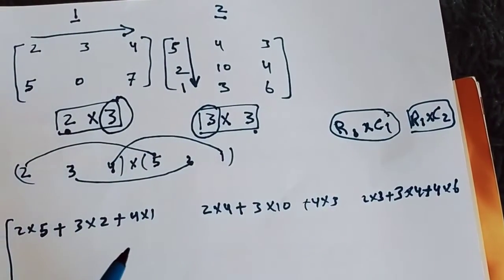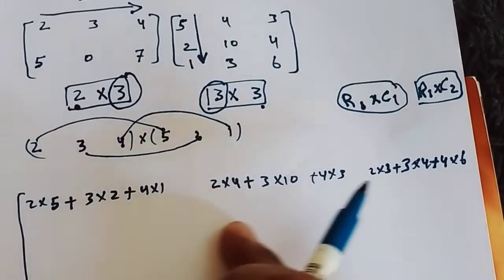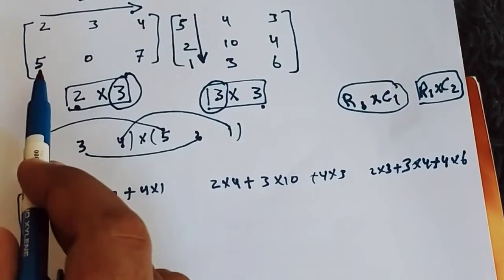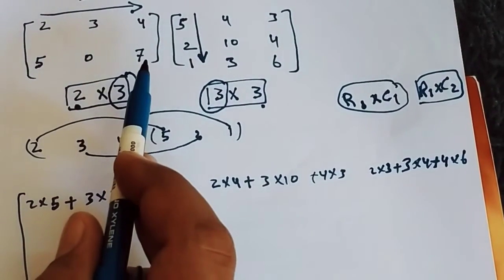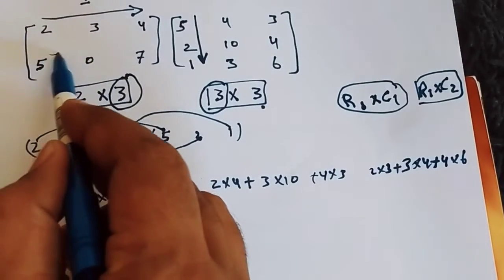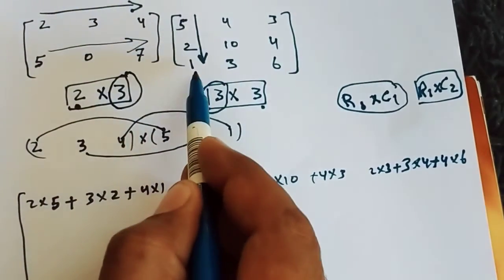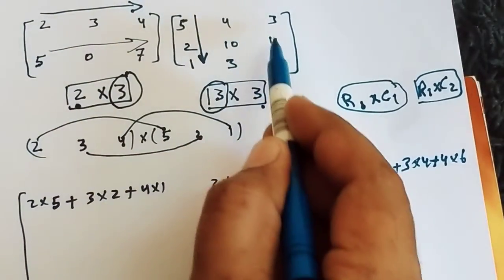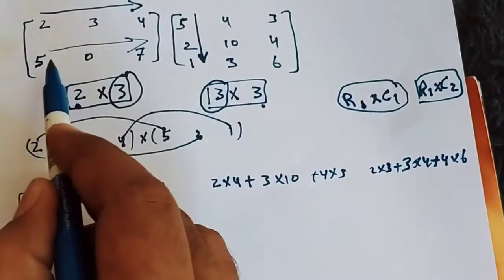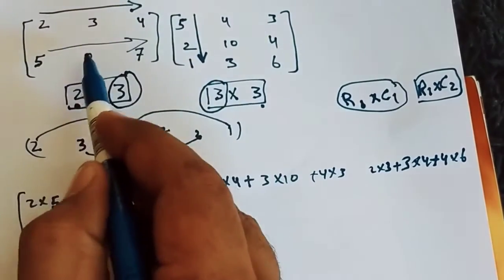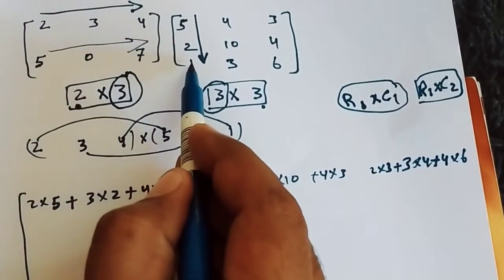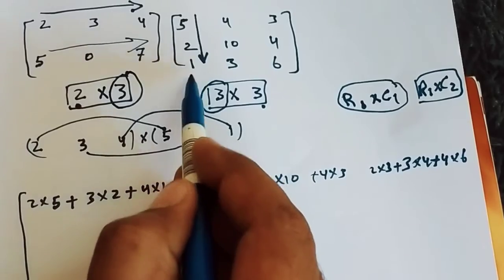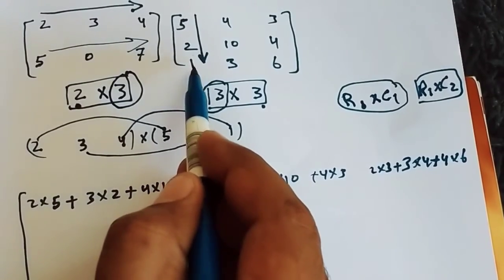Now second row will be here. So what is second row? 5, 0, 7. So the second row will multiply with the first column, then second row with second column, then second row with third column. So first element with first element, second element with second element, third element with the third element of the second matrix column, first column.